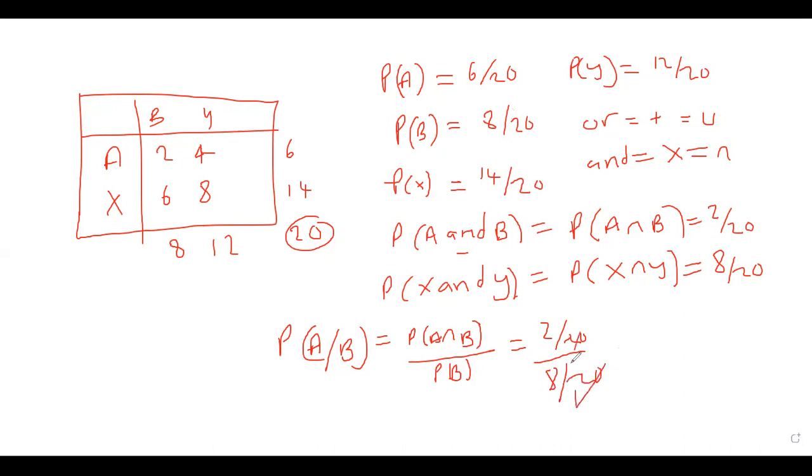So this 20 and this 20 cancel, and we're going to have 2 over 8.